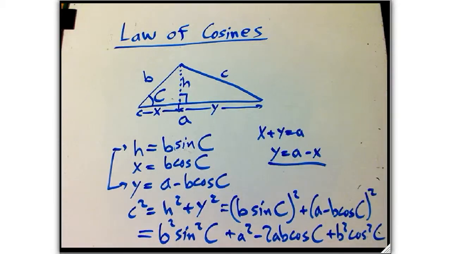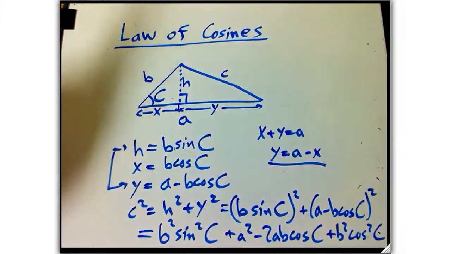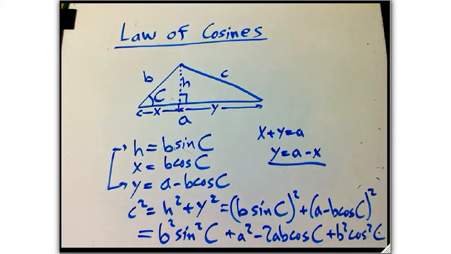I'm running out of room. So, what can we do with that? The nice thing is that I can do one of two things. I can take this sine squared and use the basic Pythagorean identity to turn that into cosine squared, or once I've written this out, oh look, this is a common factor of b squared, and what is it multiplying?